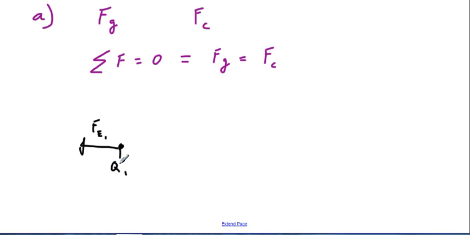I have some mg, which is my gravity, and then I've got some force due to tension in my rope. And then I got over here, I've got Q, I have theta 1. Theta 1 is my angle. So that's that picture there.